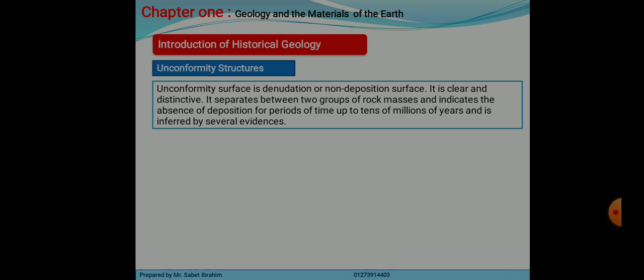It separates between two groups of rock masses and indicates the absence of deposition for periods of time up to tens of millions of years, and is inferred by several evidences.